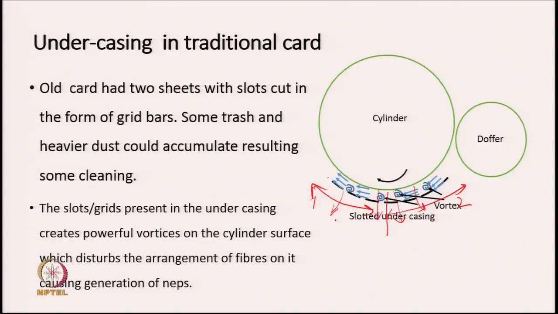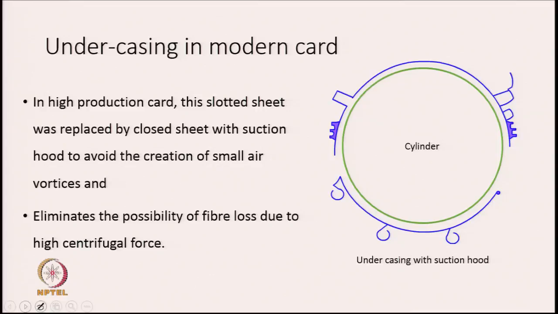This was seen when slotted under casings are used, but with the traditional card this used to work fine. With the modern card, the high production card, difficulty was there, and therefore, small differences were made.